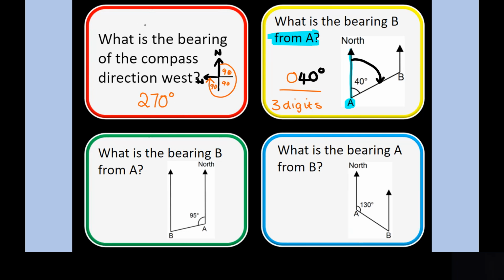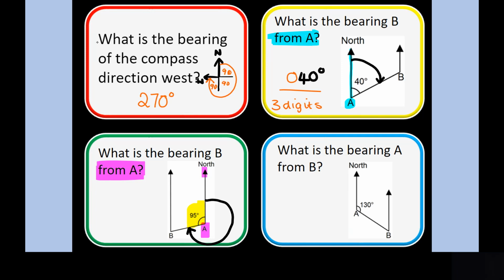Okay, let's have a look at the green one now. On the green one, we're looking at the bearing of B from A, so they're leaving A to head over towards B, and A is this one here, so we're using this north line here, which means that we're going to go from this one clockwise round that way. And we haven't got the angle for that, they haven't given that to us this time, but what they have given us is this angle here, which is the part we don't immediately need, but we can use that.